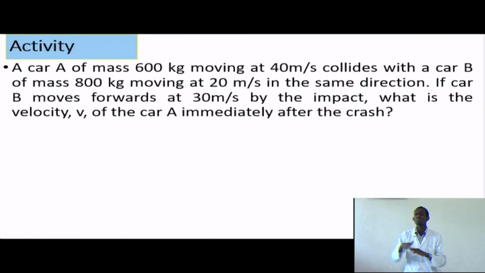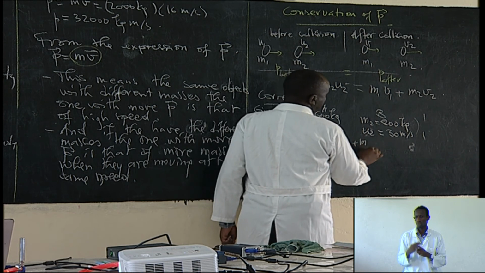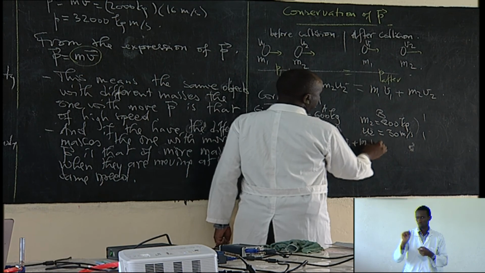Now look what we have here. As we have defined it, the conservation says that we have M1U1 plus M2U2 equals M1 V1 plus M2 V2.